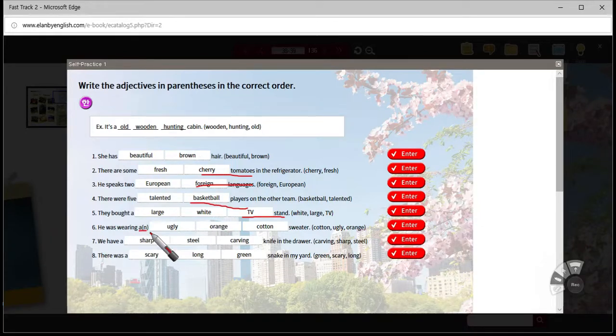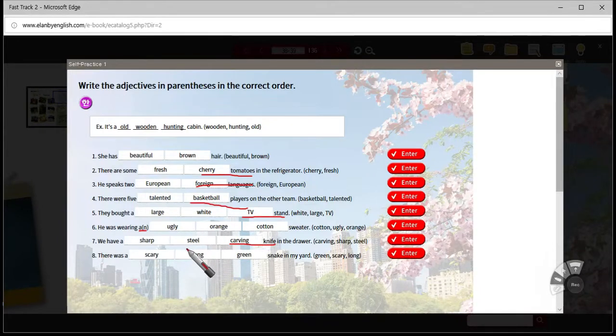He was wearing an ugly orange cotton sweater. So the material of the sweater would go second last, but there's no qualifier. And of course the description or the impression would come before the color. We have a sharp steel carving knife. So again, carving knife to me has maybe one meaning.